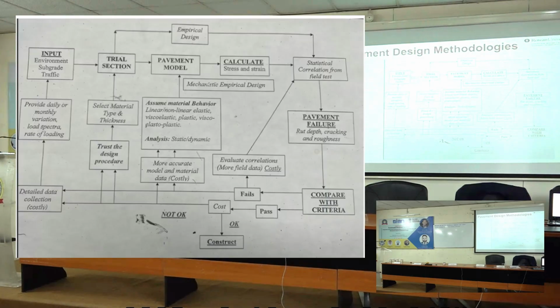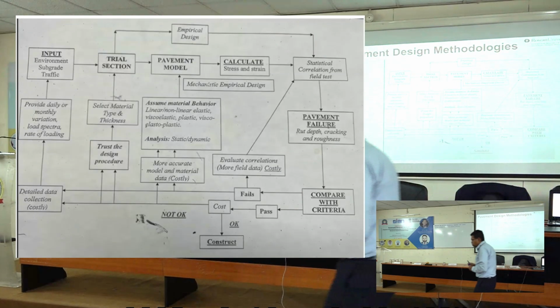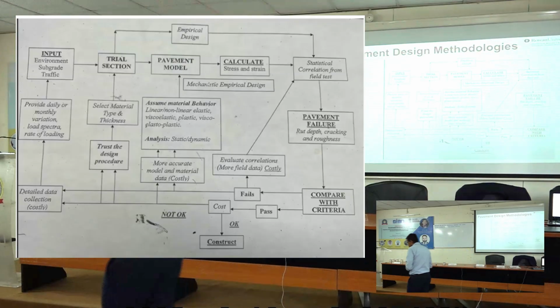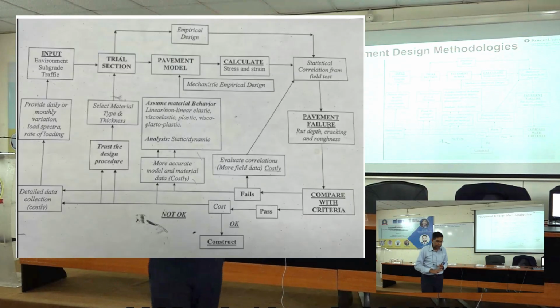You have your input parameters: environment, subgrade, and traffic. You have several trial test sections, and you have statistical data. You already have field performance. So you can now select any procedure, material type, and thickness, and if you're within that, you can get your new design. So that's the purely empirical design procedure. Any questions about the empirical design?